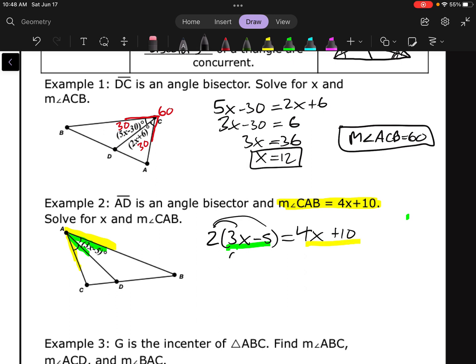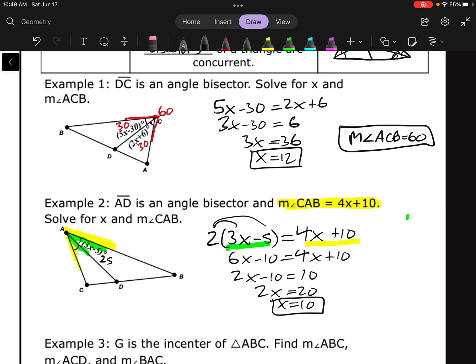If I distribute, I get 6x minus 10 is equal to 4x plus 10. Subtract the 4x, I get 2x minus 10 is equal to 10. Add the 10, I get 2x is equal to 20, which means that x is 10. Now we always want to check our work, so let's plug that back in. 3 times 10 is 30, minus 5 is 25, which should mean that this side's also 25.